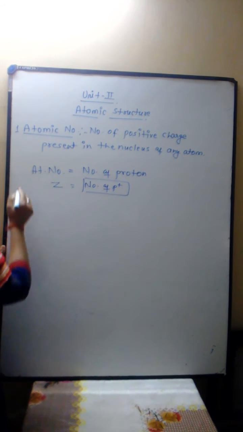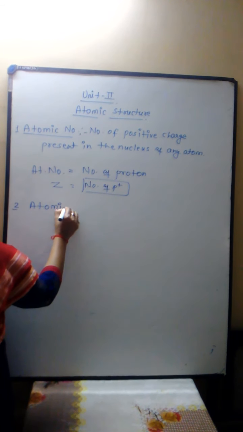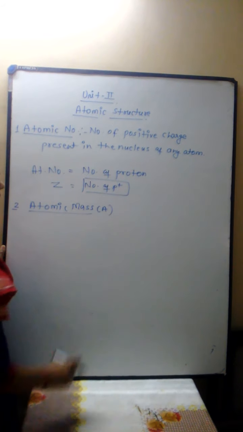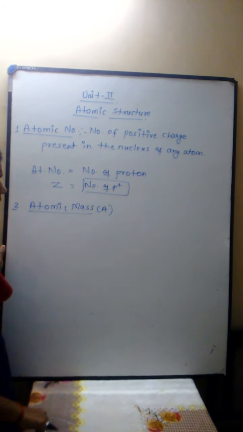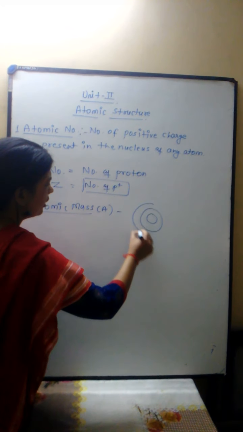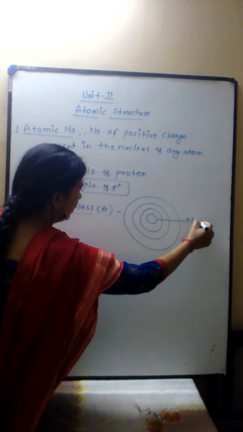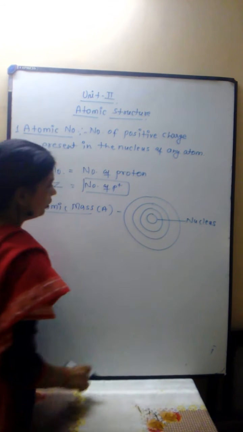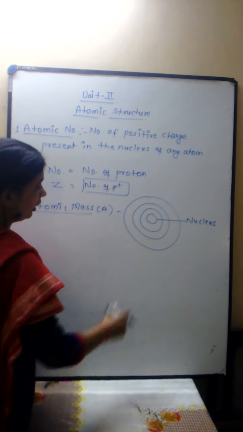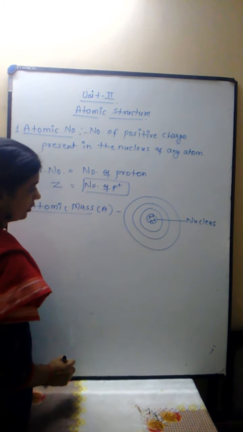After this, the second definition is atomic mass, denoted by A, also known as mass number. The total mass or weight of any element is present in its center, and we know that the center of any atom is known as the nucleus, and the nucleus contains positively charged protons and neutral neutrons.